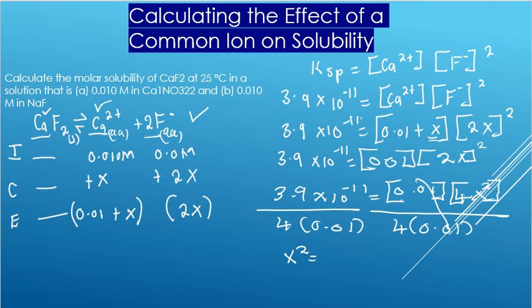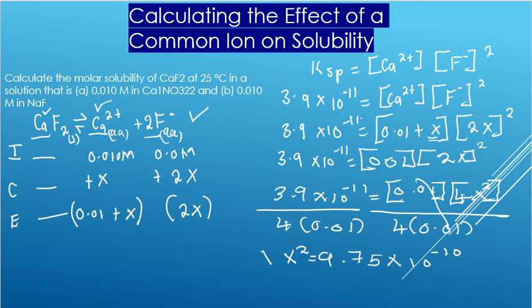So if we do our multiplication properly, we are going to remain with 3.9 multiplied by 10 to the power negative 11, divided by 4 multiplied by 0.01. Of course, I'm getting 9.75 multiplied by 10 to the power negative 10 molar.